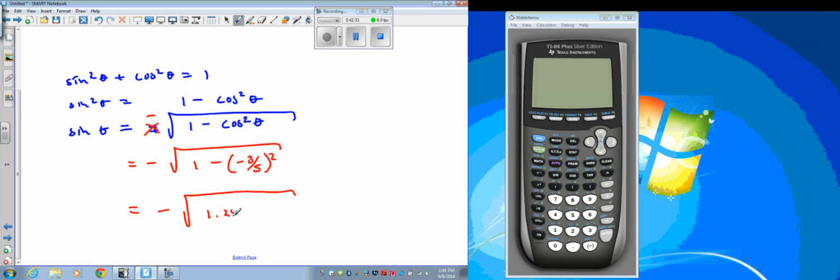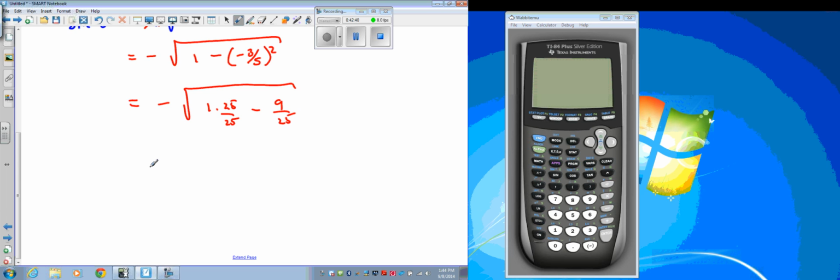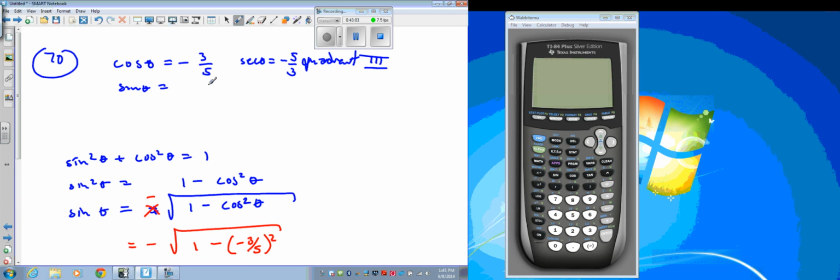So we've got to build this to a fraction of 25 over 25 minus 9 over 25. And this is going to be 16 over 25, so 4/5. And that's sine. Negative. So we have a negative 4/5.